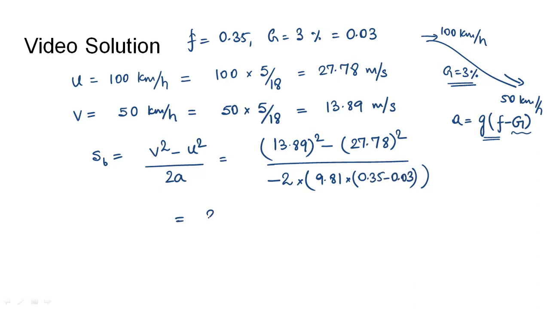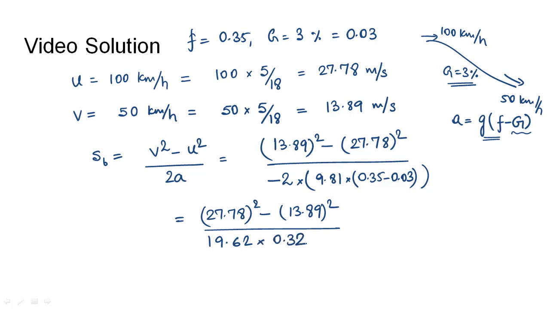We would get 27.78 whole square minus 13.89 whole square divided by 19.62 into 0.32. This would give the final answer to be around 92.189 meters, which can be rounded off to 92.19 meters, which will be the braking distance of the car needed to decelerate from a speed of 100 km per hour to 50 km per hour.